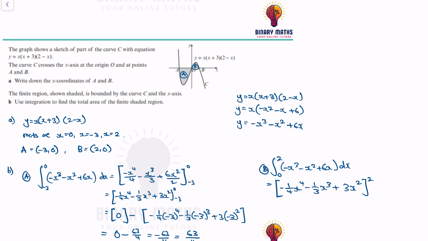Substituting in 2 first, subtracting from when we substitute 0 in. So the same thing as minus a quarter times 2 to the power of 4 minus the third times 2 cubed plus 3 times 2 squared. Take away, when you substitute in 0, we're going to get 0. If we input this into a calculator, we're getting 16 over 3, which is positive, which makes sense because B is above the x-axis.